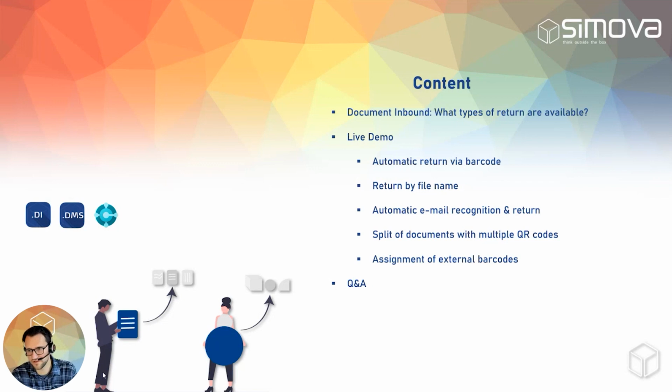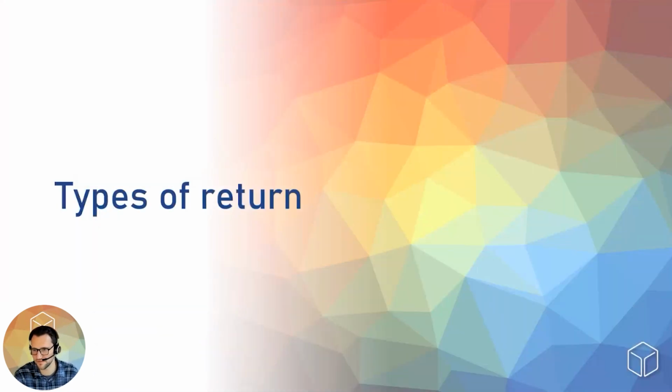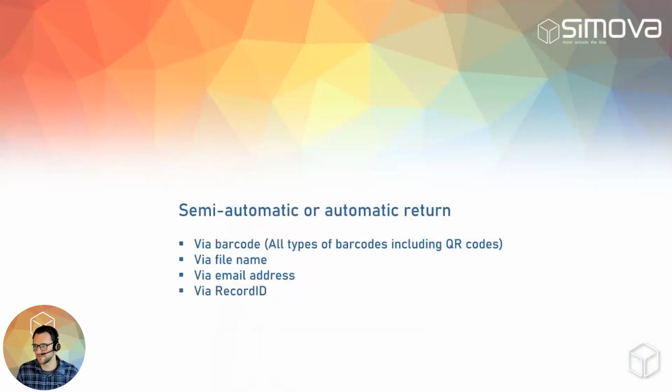What types of document return are available with document inbound? So we have a semi-automatic and automatic return. But today in this webcast, we will mainly focus on the automatic return of documents, as all these processes could also be handled manually, but they will be shown in the automatic version in this webcast.